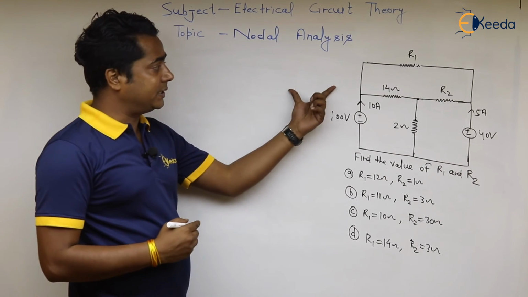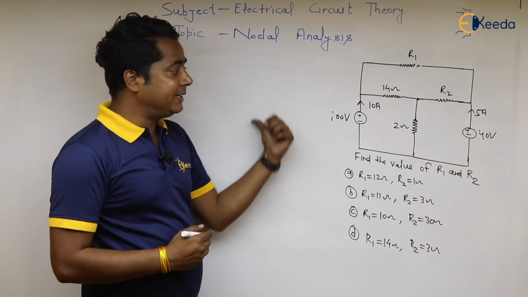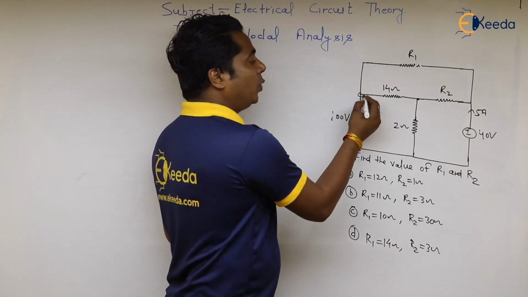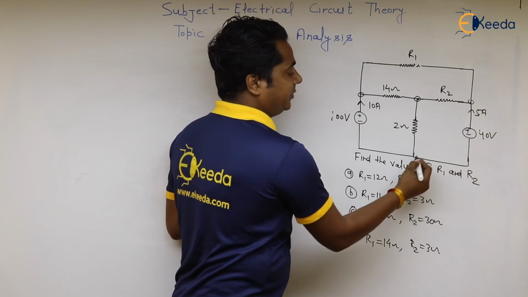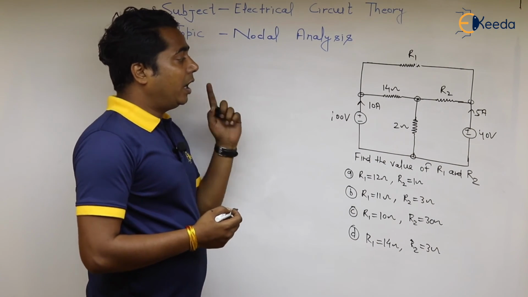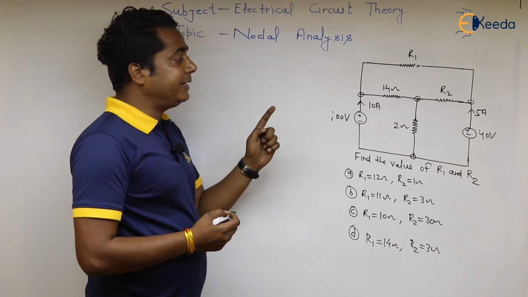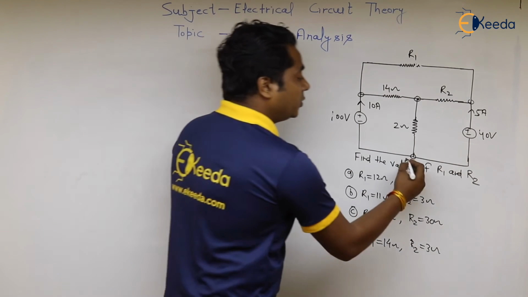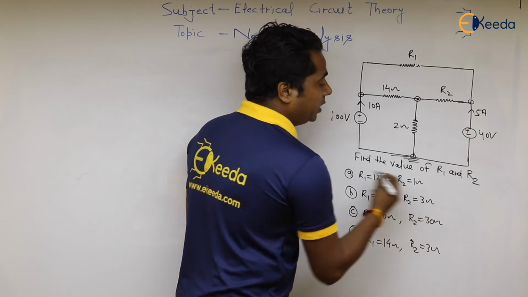Coming to the question, I have discussed the basics of how to solve this question. Here we have four principal nodes, and after getting the four principal nodes, we have to take one reference node.